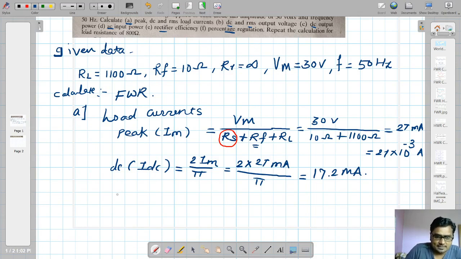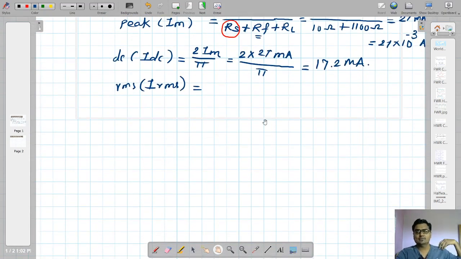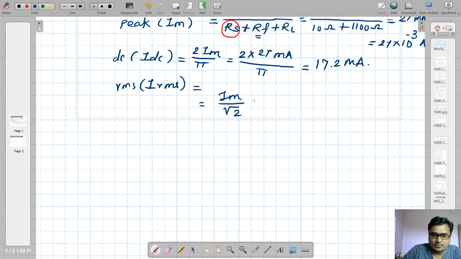Within number A, they want peak, DC, and now the RMS value also. So I will write third is RMS. It means we have to calculate IRMS. What is the equation for IRMS for a full wave rectifier? Is it Im by 2 or Im by root 2? Yes, it is Im by root 2. So IRMS is equal to Im divided by root 2. Put the value of Im.